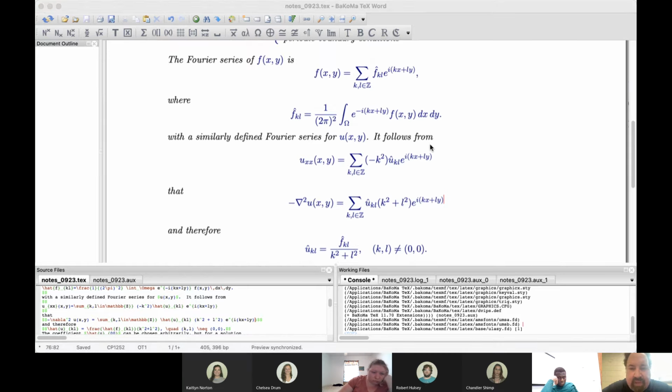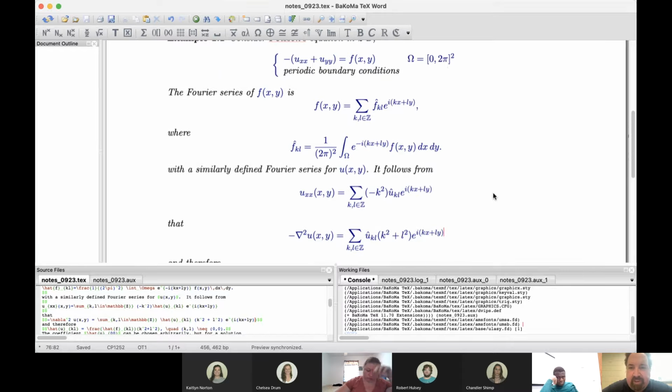Now, in Matlab, how you would go about solving this, like if you had a matrix of values for f on a two-dimensional grid for this square, so x and y values, what you do is you can use Matlab's function for a two-dimensional fast Fourier transform.